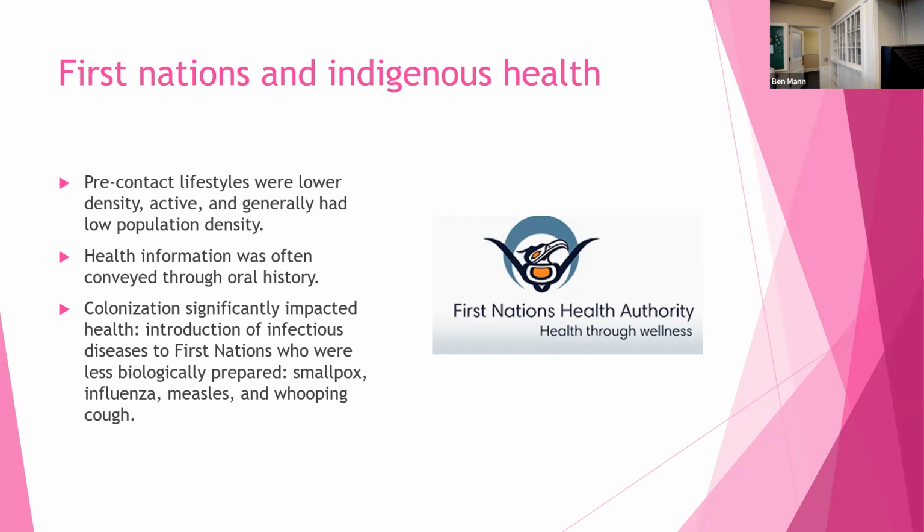Under a lot of First Nation and Indigenous perspectives, a lot of health information was conveyed orally, like the use of oral history and sharing of tradition, including medicinal properties and things to do, for instance, to treat a wound, were things passed down in a generational context.